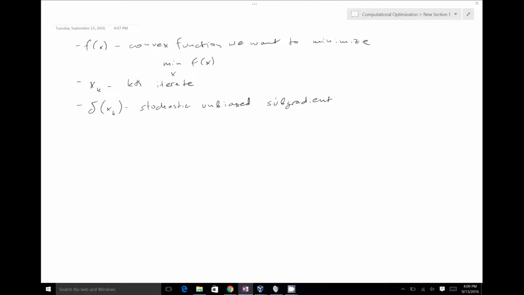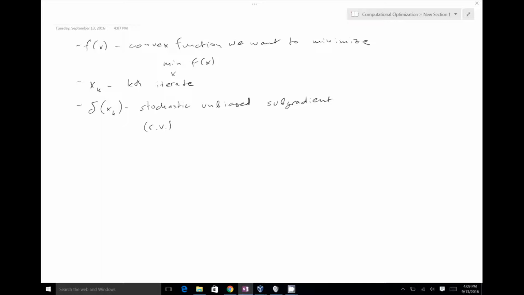What does it mean for this to be stochastic? It basically means that it's a random variable, right? So if I stick in the same x_k into it twice, I might get different answers out, okay? So it's a random variable, and in particular, it's a random vector, because it looks like a gradient. So it has the same dimension as the gradient of f of x, okay?